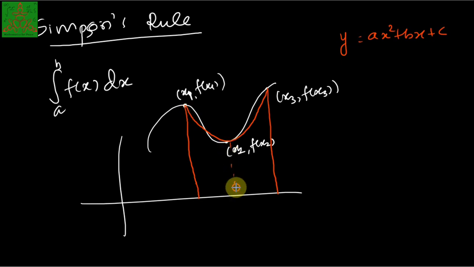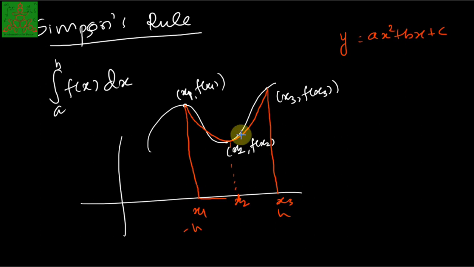If I fix this as my x2, this is x1 and this one is x3. Now, if I shift my coordinates to this x2 point, then I can fix this as the 0 point. So this will be minus h and this one will be h, because I have to divide the whole interval into n equal parts.